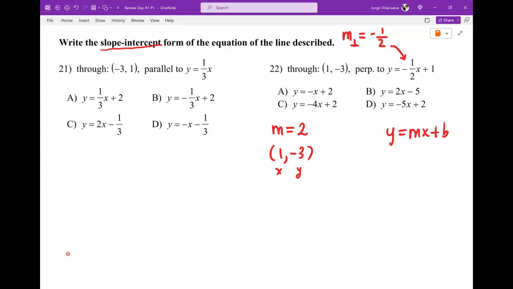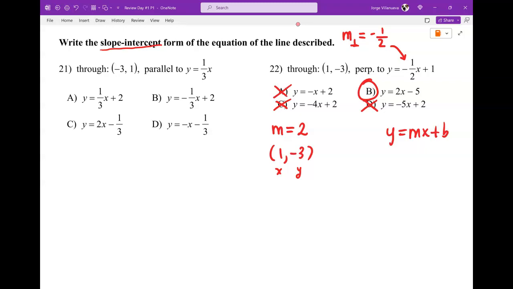Okay, but I know my slope has to be 2, so it can't be this one. It can't be this one. It can't be this one. So guess what? I already know my answer. It has to be B. Okay? But let's just make sure. But it has to be B, because my slope has to be 2. The other ones have different slopes, -1, -4, -5. That's not the right slope that I want.